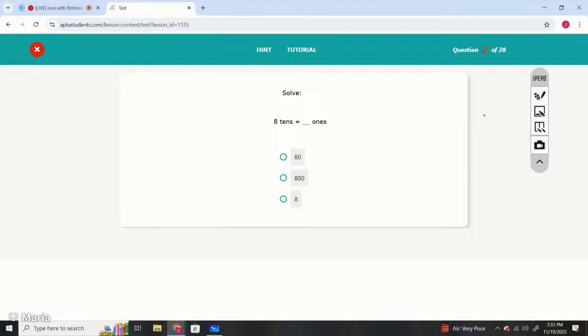Eight tens equal how many ones? Eight tens means we have 80 ones, right? The correct option is 80 ones.